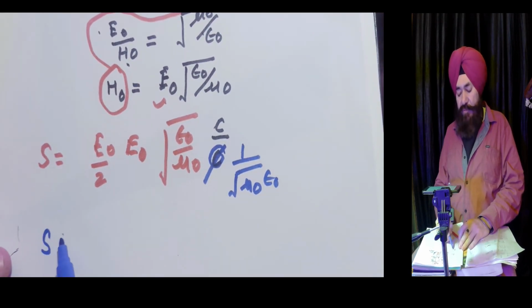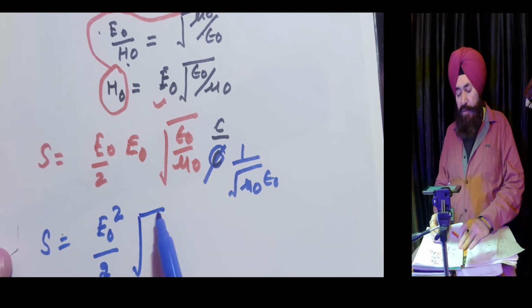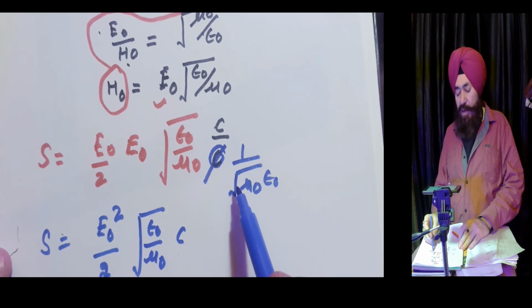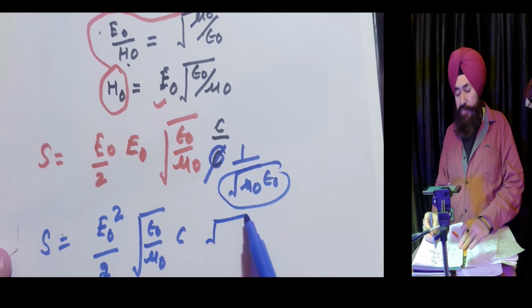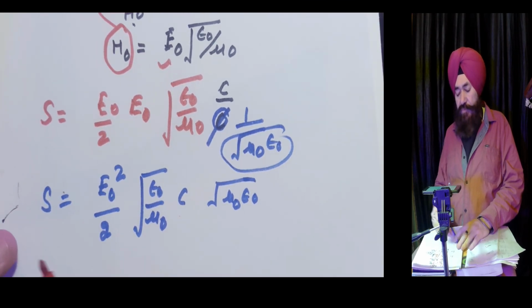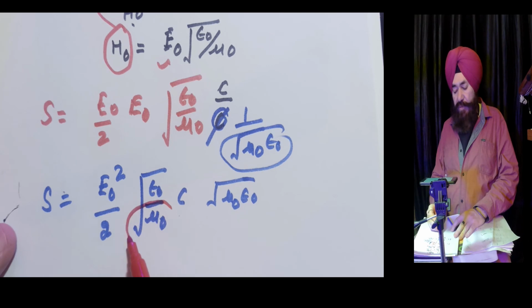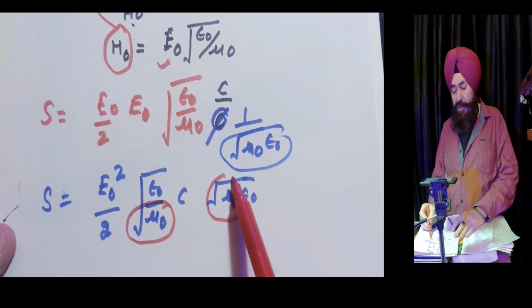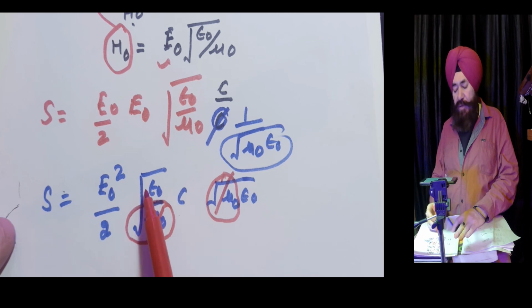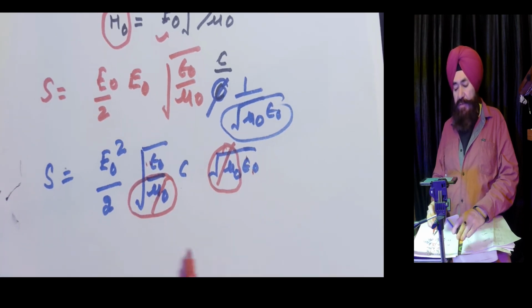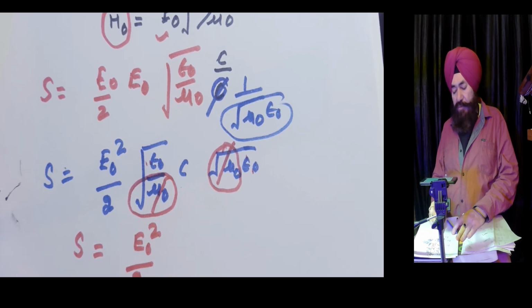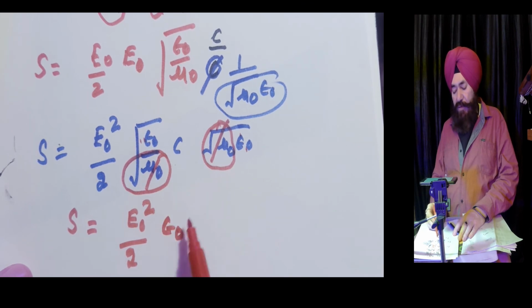So this becomes E naught square by 2 under root of epsilon naught mu naught into C, and it comes in the numerator, mu naught epsilon naught. So this under root and this under root, it cancels. And root of this and root of this. So this becomes E naught square by 2, then epsilon naught into C.